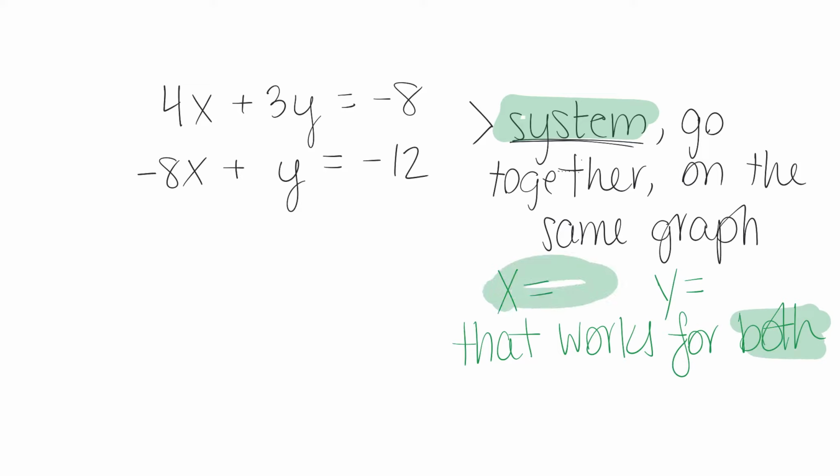So we need an x and a y. So what x is out there that I can put in here, and what y can I put in here and make both of these work? Make this side negative 8 to equal negative 8, and make this side negative 12 to equal this negative 12.